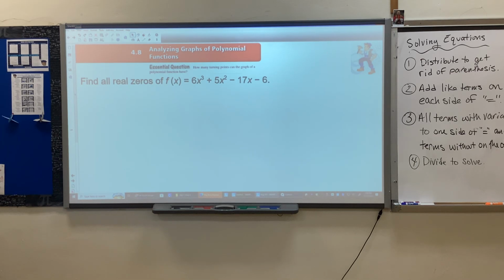It's a third degree polynomial, all you need to do is find one. And then you can find the last two using the quadratic formula, or solve by taking the square roots.